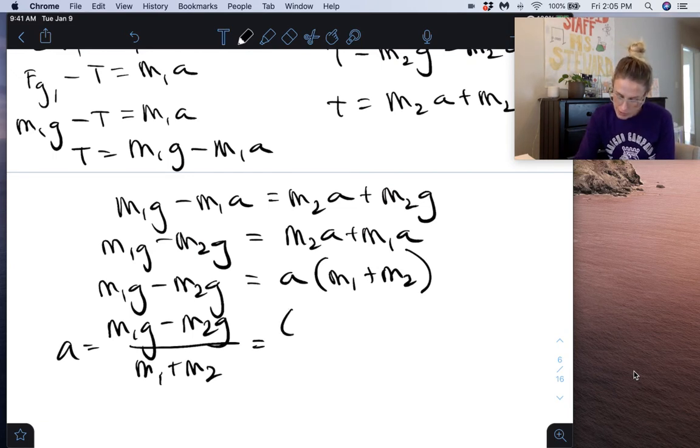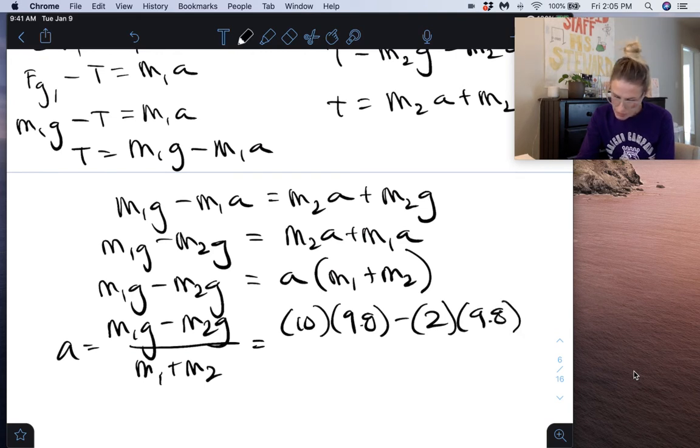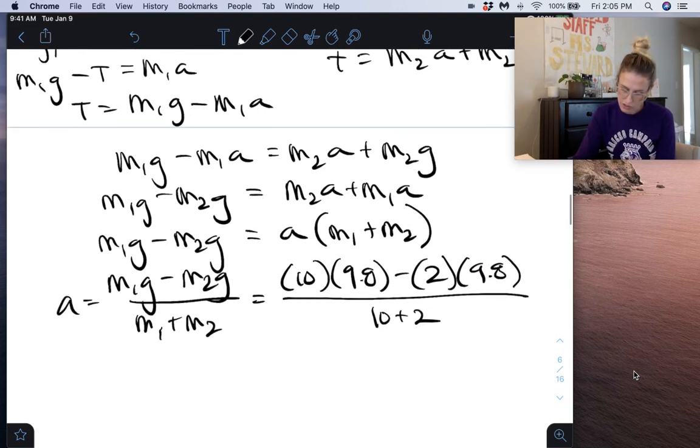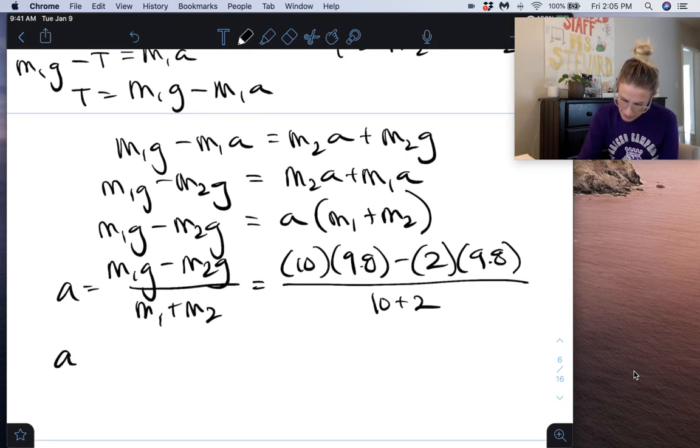So we get mass 1, which was 10 kilograms, times acceleration of gravity, 9.8 meters per second squared, minus mass 2, which was 2 kilograms, times acceleration of gravity, 9.8 meters per second squared, divided by 10 plus 2, which is just 12. And we get an acceleration equal to, let's see, 10 times 9.8 minus 2 times 9.8, then divided by 12.